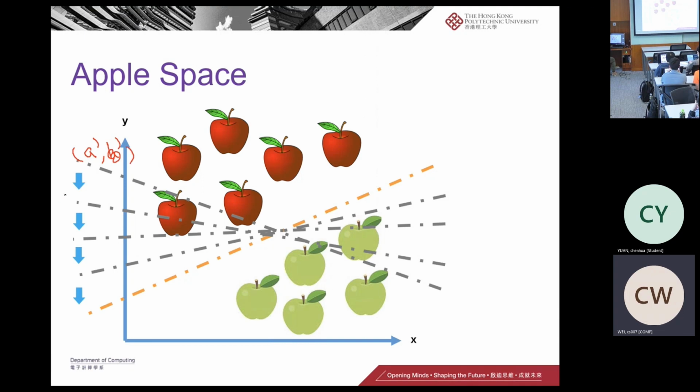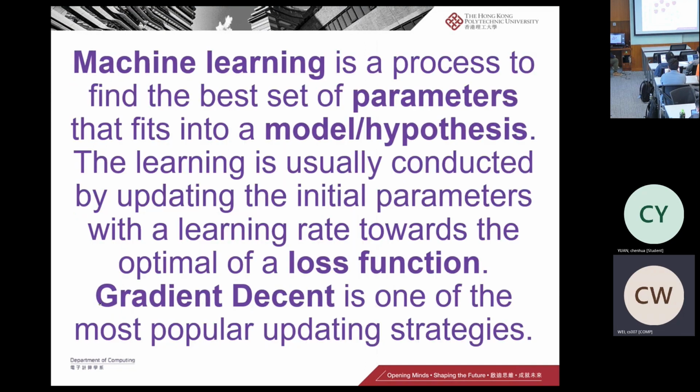And after the updating, meaning that we update a little bit of A prime, B prime, maybe I should make this minus because we are actually subtracting, it goes to here and defines the second line. And if you update again and again, finally when it reaches the valley, you have the best line selected. So that's the idea of gradient descent.